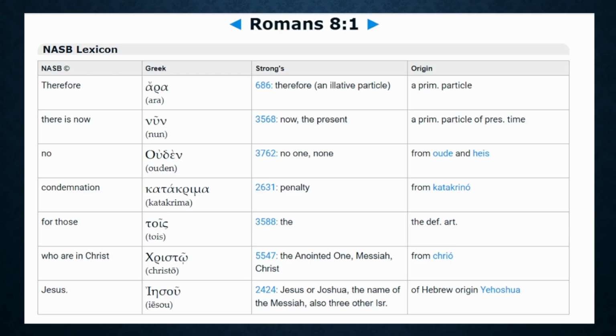Yeshua is turning to all the other faces representing you in front of that court case. And he's inviting you. Will you accept the price I paid? At the same time, he's looking at the judge.